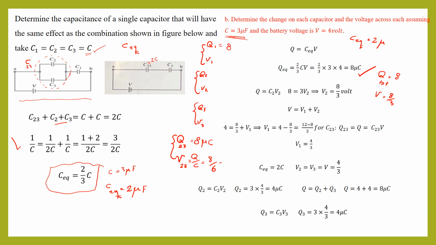In fact, 8 over 6, that means 4 over 3 volt is the potential existing here. Okay, have a look at this case, everybody. Charge is 8 microcoulomb, then potential is 8 over how much? 3 volt is the potential across C1.